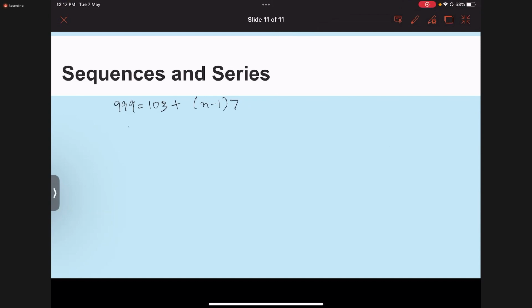So this will become 999 is equal to 153 plus 7n minus 7. So when you have 7n plus 96 equal to 999, 7n is equal to 903.